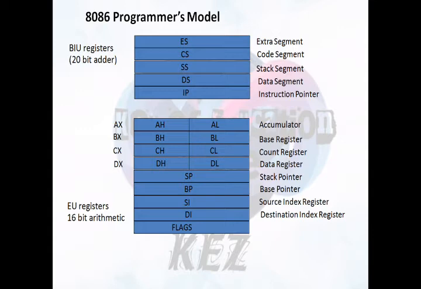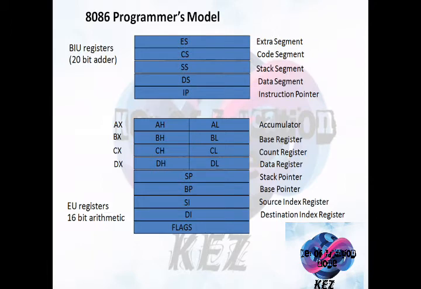Now we have to know their activity. These are ES, CS, SS, DS and IP. So this is the BIU part. BIU full form, I think it is clear now, is bus interface unit. Its purpose is mainly fetching operations, data read, write, etc. It has a 20-bit adder, so it will add.